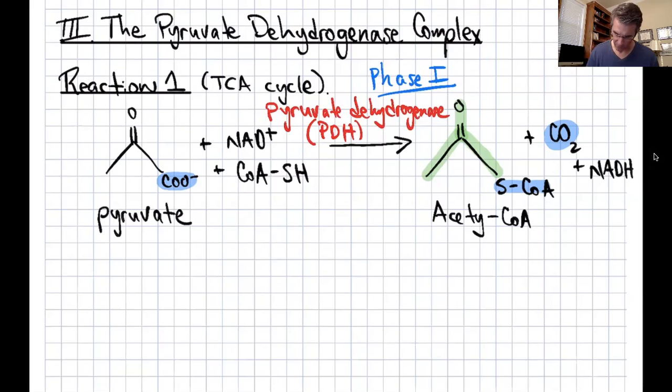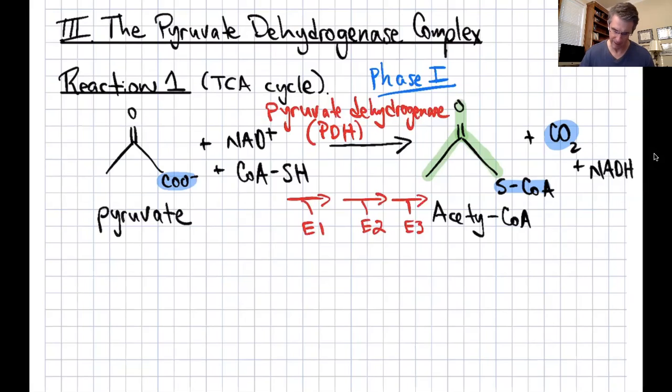There are 3 different enzymes responsible for making this reaction go, the so-called E1, E2, and E3 enzymes. And all 3 of these enzymes are present in one gigantic supercomplex, sometimes known as the pyruvate dehydrogenase complex.